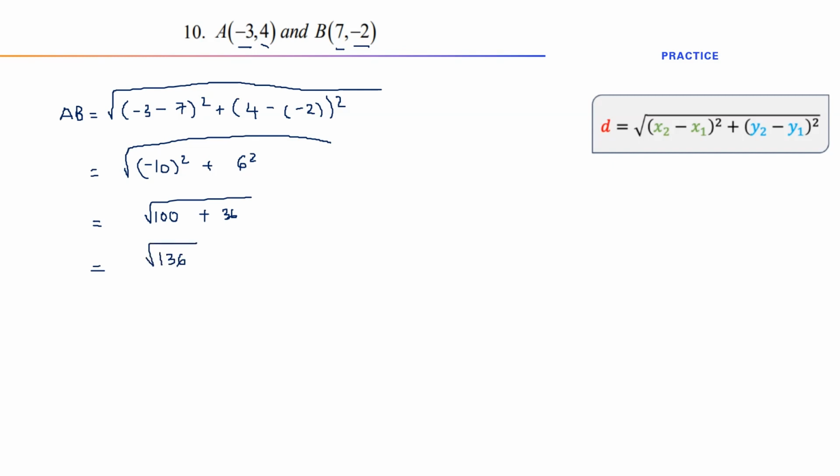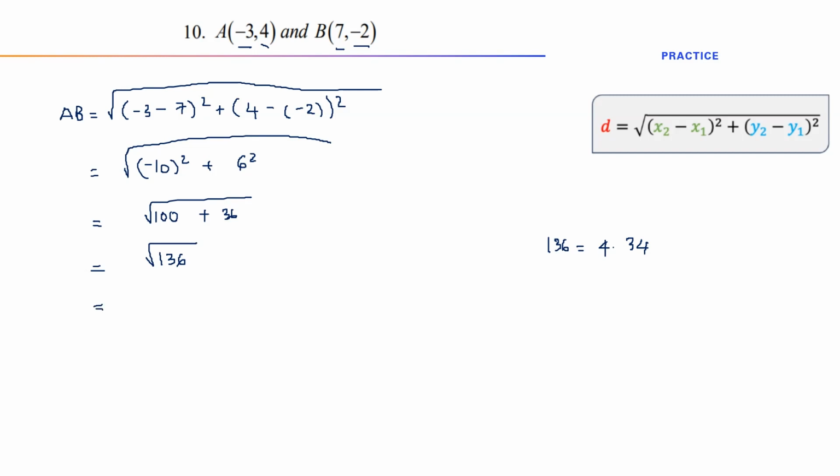136. And for 136, remember we have to check if it can break down into smaller parts. Nice, 4 times 34.